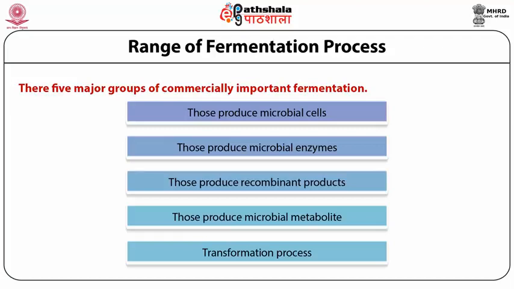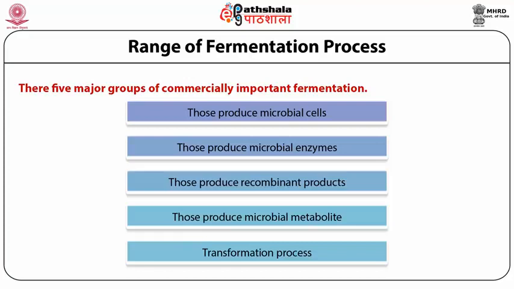For example, acids and alcohols are produced during this phase. Secondary metabolites are produced during the stationary phase. Examples include certain antibiotics and vitamins.